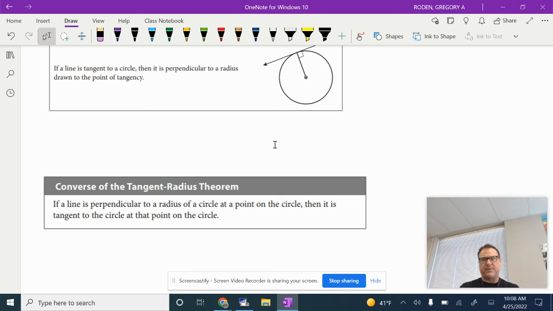It goes both ways, so the converse is true. This is actually a biconditional statement. We haven't talked about that for a while, but this is a pretty solid theorem because it's biconditional. It goes both ways.